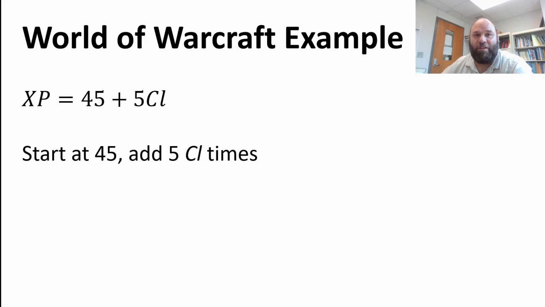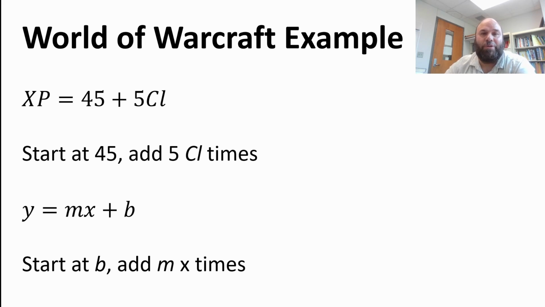It tells you to start with 45, and for every character level, add 5. So whatever your character level is, the total number of times you add 5 is CL, and you accomplish that through multiplication first, and then you tack it on. The same thing is true in general for y equals mx plus b. You start with b, and x tells you how many times you add m, and you just put those together.